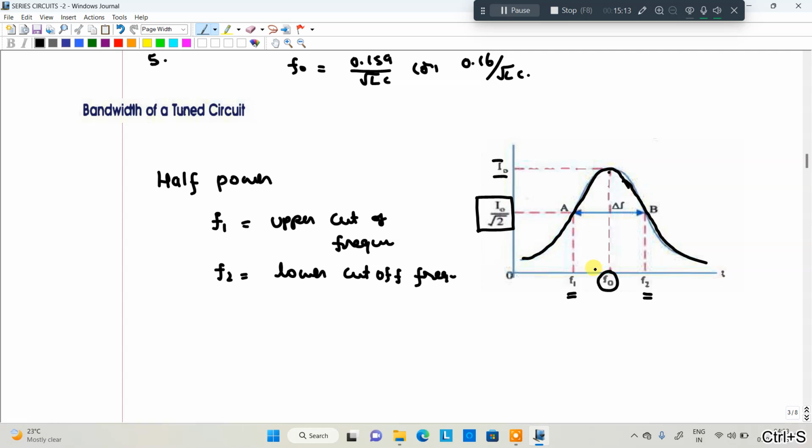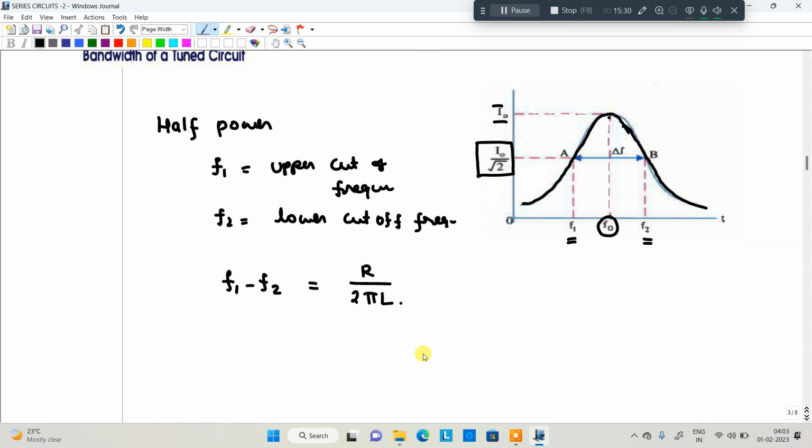In all these cases, for the upper cutoff and lower cutoff frequency, the bandwidth is the difference of both. F1 minus f2 is the bandwidth, which is equal to R by 2L. Everyone remember this formula.